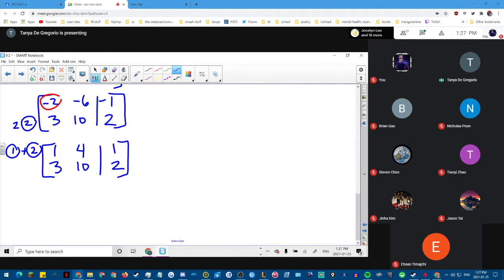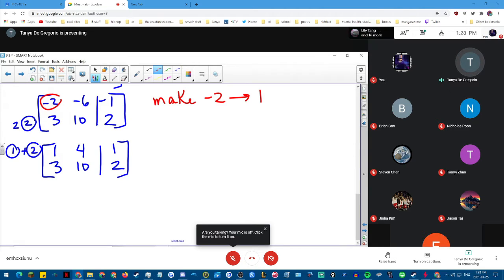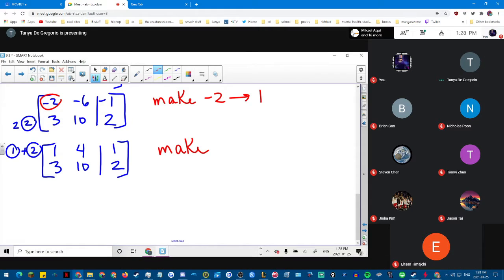Okay. All right, and now next, what do I want to do? Where would I go next? And maybe I'll write little notes here. So we wanted to make -2 a 1. So next, what do I want to do? Make the 4 a 0. But we're going to go column by column. Make the 10 a 1. Careful. Let me just entertain your idea.